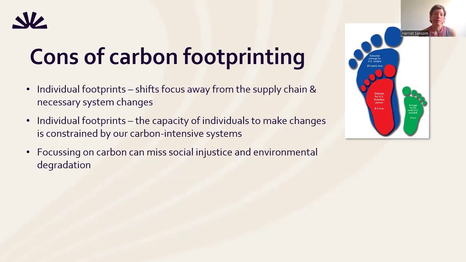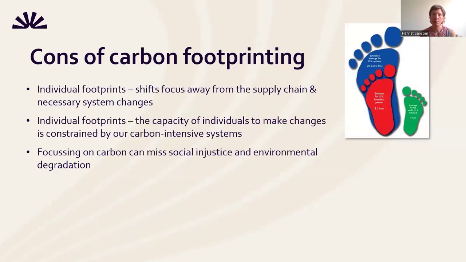There's debate that by focusing on carbon, there's the potential that you can miss social injustice and environmental degradation. And examples of that are definitely playing out in our marketization, if you like, of carbon offsetting. It's becoming a big market as corporations and countries are looking for ways in which they can reduce their carbon footprint, and doing that through offsetting.